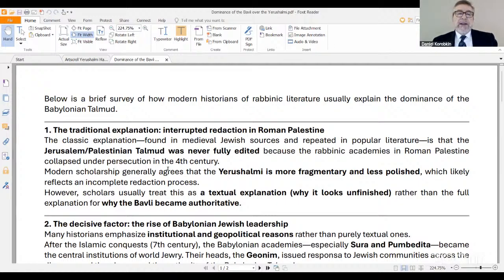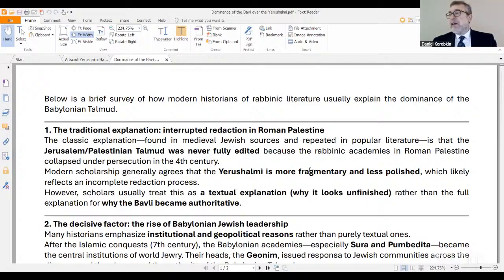So anyway, the classic explanation found in medieval Jewish sources and repeated in popular literature is that the Jerusalem Palestinian Talmud was never fully edited because the rabbinic academies in Roman Palestine collapsed under persecution in the 4th century. Modern scholarship generally agrees that the Yerushalmi is more fragmentary and less polished, which likely reflects an incomplete redaction process.